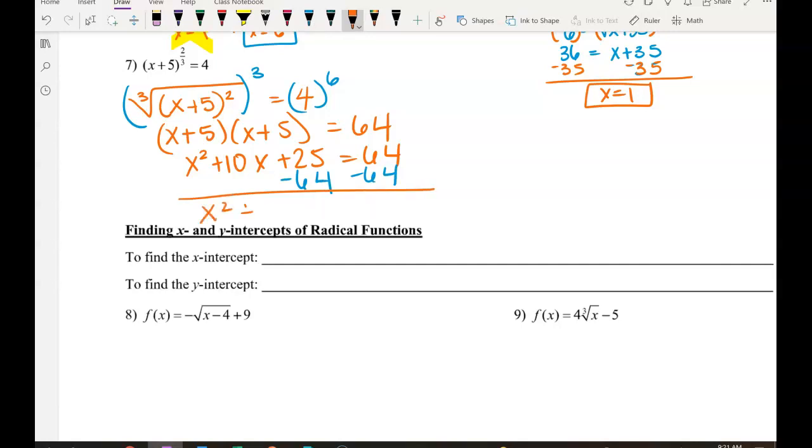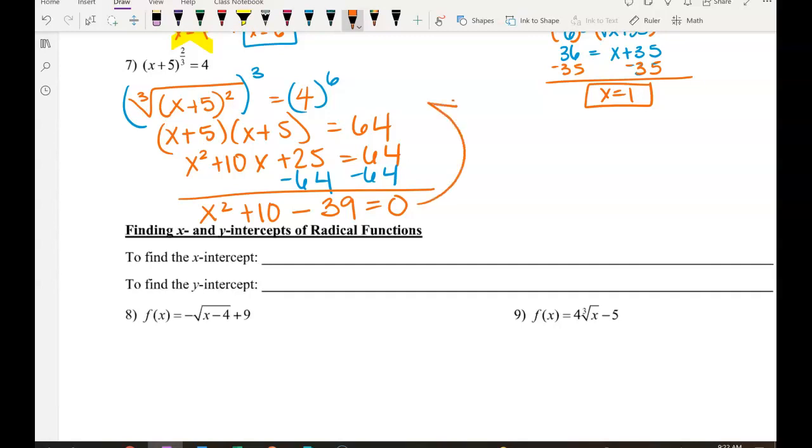X squared plus 10x minus what, Nolan? 25 minus 64 is what, bud? Equals 0. Okay. That's better. Now what do we do?